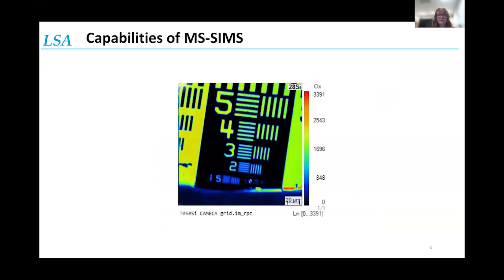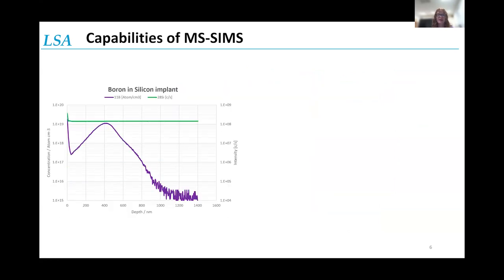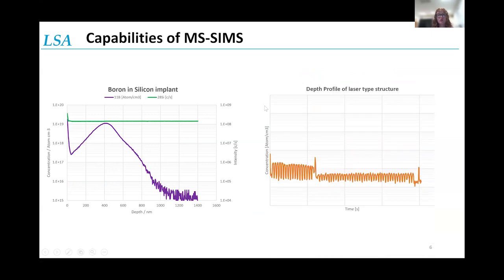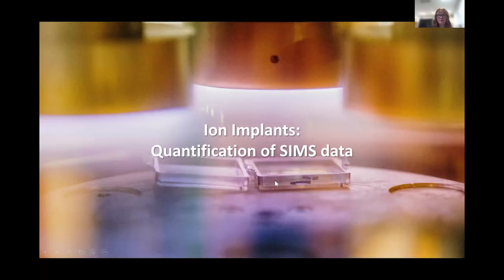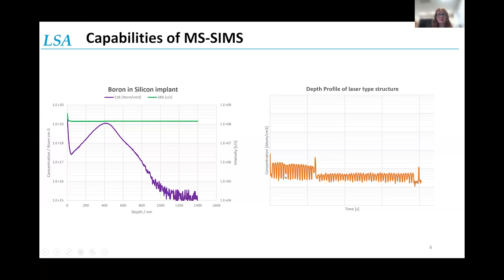Okay. So with magnetic sector SIMS, we can image, but it's not what we're really good at. What we are really good at is depth profiling, whether that be ion implants, fairly standard boron and silicon, or going down to VCSEL structures. We can see the resolution being maintained all the way through to 30-40 microns.